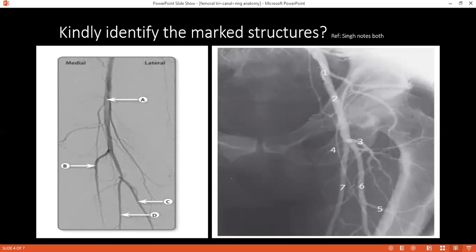Number one is the catheter. Number two, you're introducing it into which vessel? Number three and four, what could that be? What are we looking at actually?